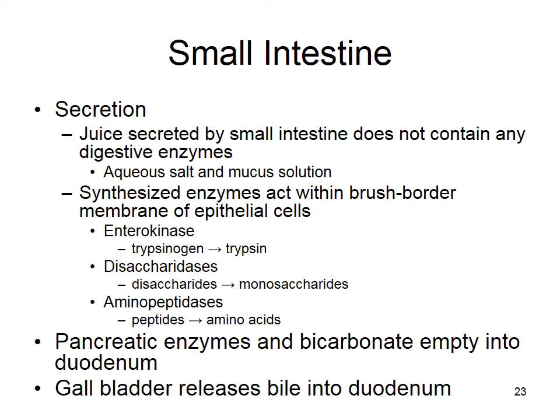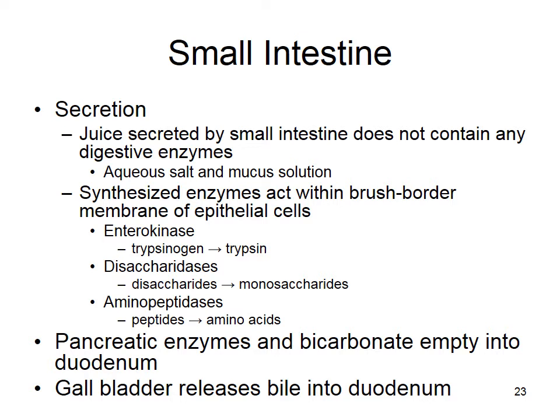Your small intestine does some secretion. This juice that's secreted by the small intestine doesn't have any digestive enzymes. All the digestive enzymes that are in the lumen of the small intestine actually get secreted by the pancreas.